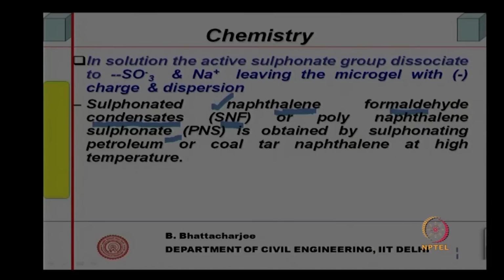This is obtained by sulfonating petroleum or coal tar naphthalene at high temperature. So, you see this is also sulfonated in the same manner as the lignin, and naphthalene is sulfonated at high temperature to obtain this material.